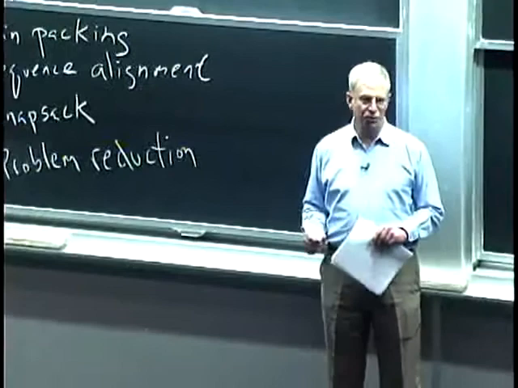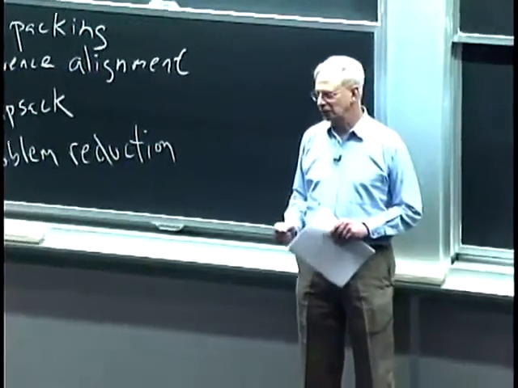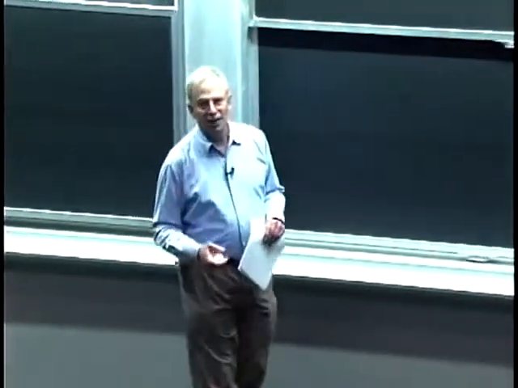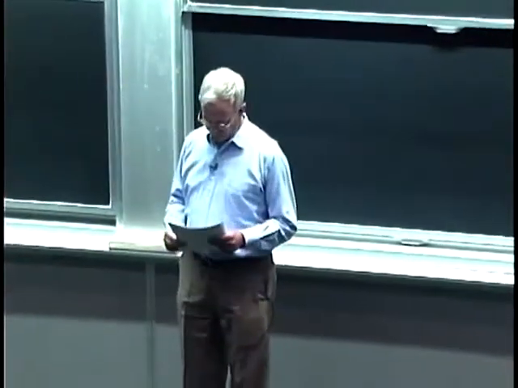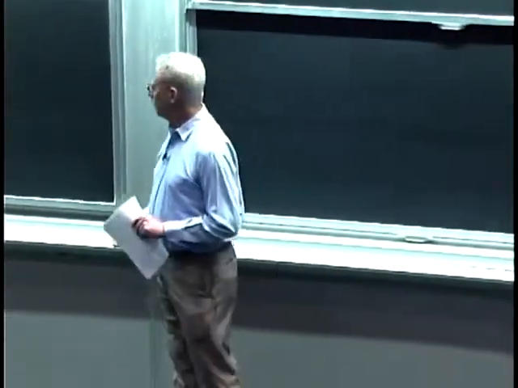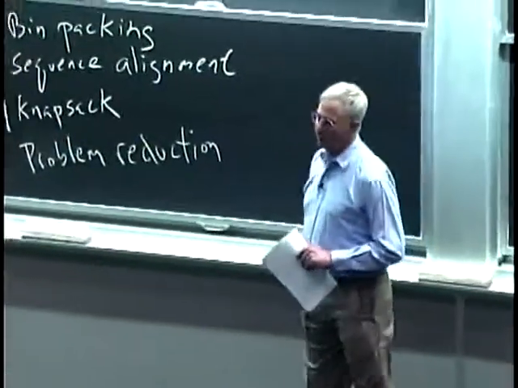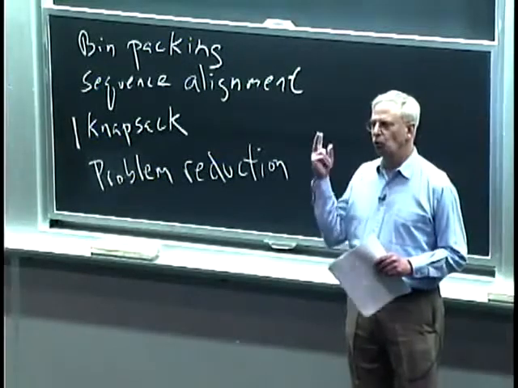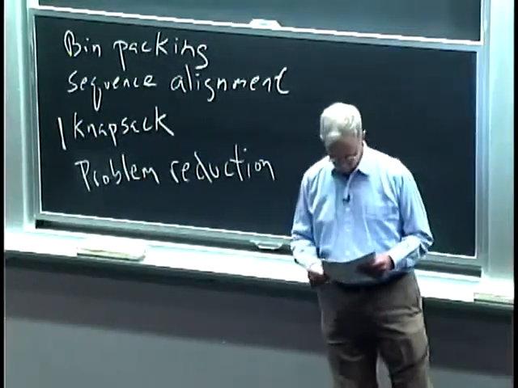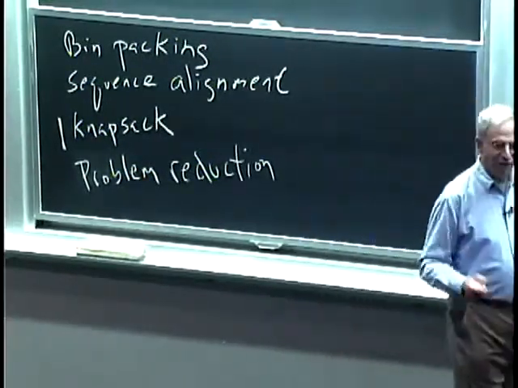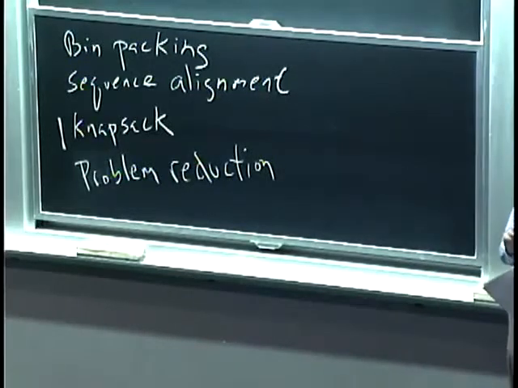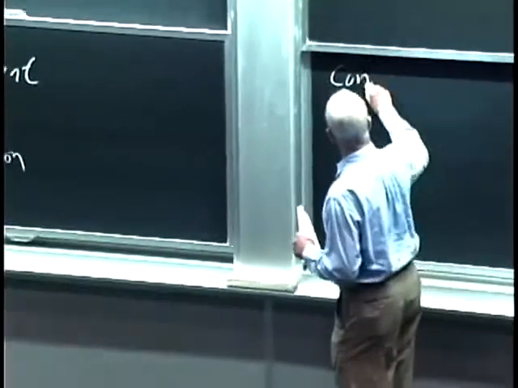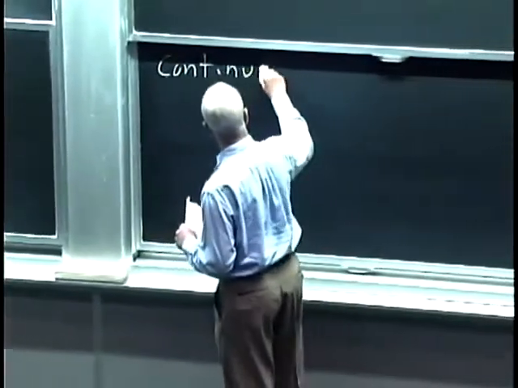That is to say, when you're dealing with a large set of things, it takes a while to get the right answer. Consequently, you have to be clever about it. Typically, up till now, we've looked at things that can be done in sublinear time, or at worst, polynomial time. We'll now look at a problem that does not fall into that. And we'll start with what's called the continuous knapsack problem.